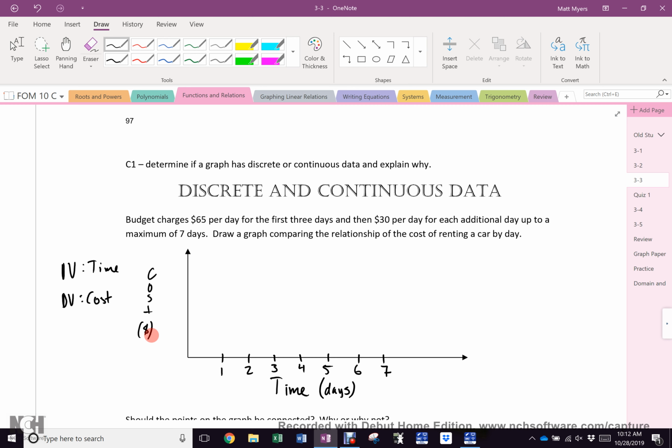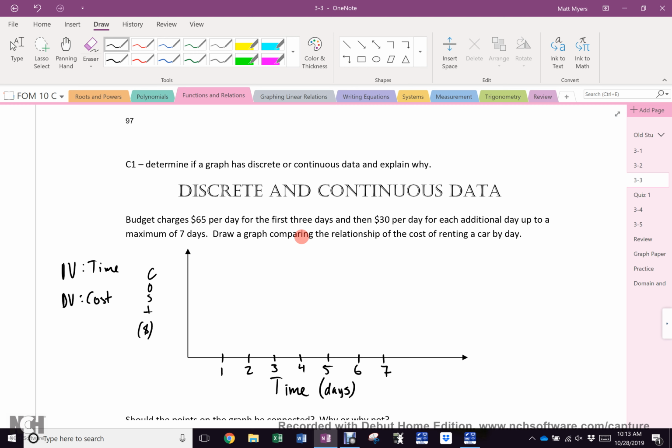All right. So, let's put some data on our graph. $65 per day for the first 3 days. So, if I walk in there right now and ask to rent a car, and they say, okay, how much money do I have to give them? $65. That covers me for 1 day, yes? What time is it right now? It's 10:13 in the morning of day 1.